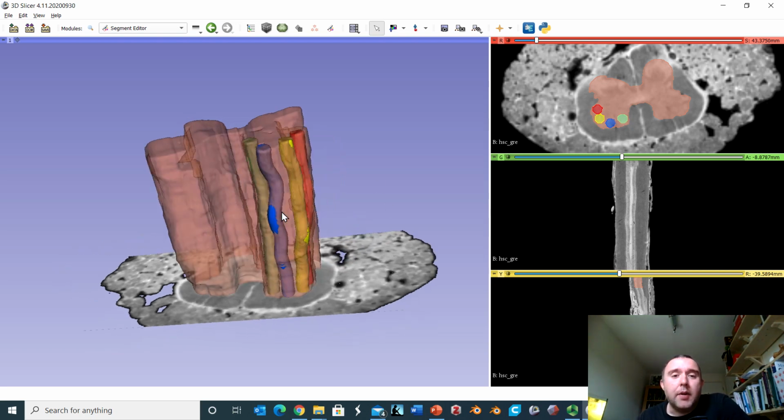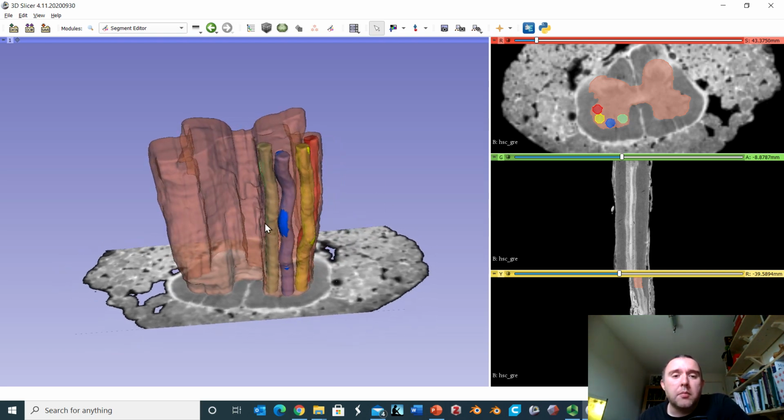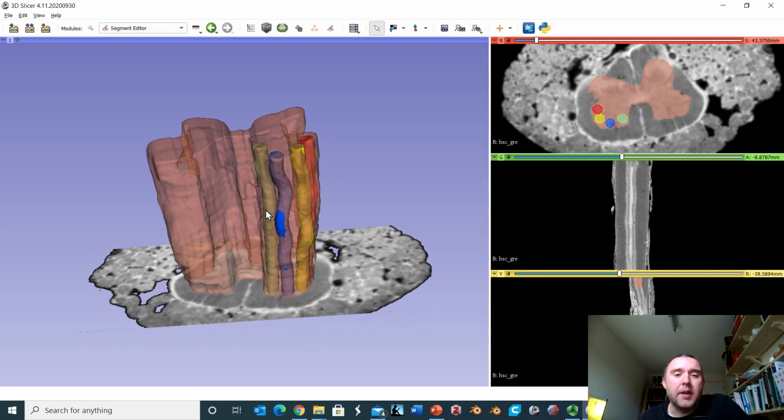In the 3D image, you can see we've got 4 columns of cells within the ventral horn of the cord, and I've labelled them in green, blue, yellow and red. And you can see that also on the transverse section, and I can maybe just fiddle a little bit with the orientation of our other sections, just to give us a view of how these sit in space.